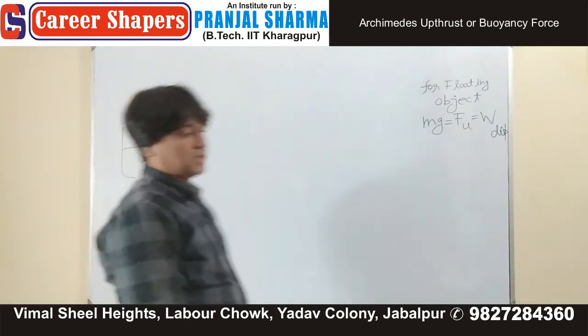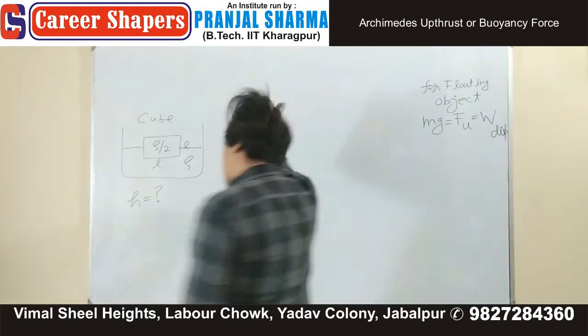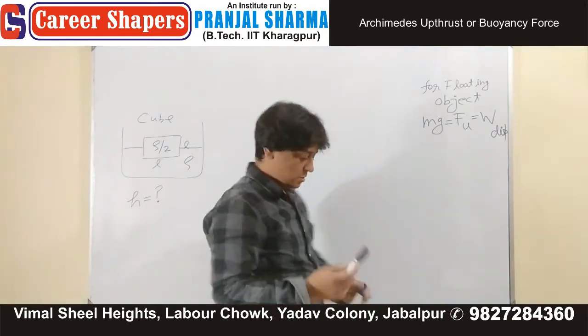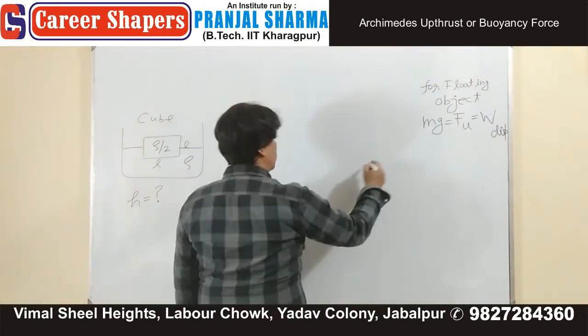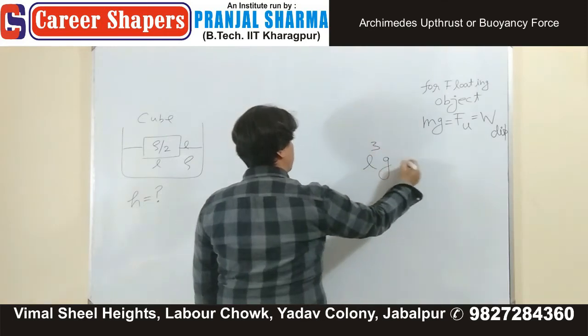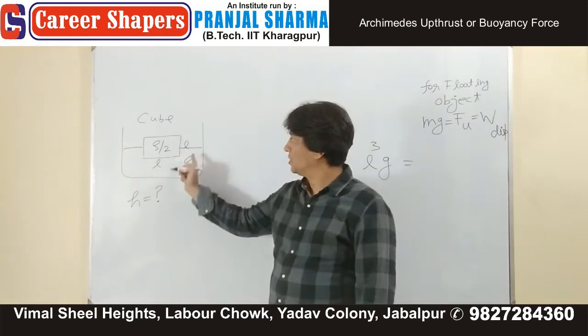So the question is, you have an object which is floating. If the object is floating, then this is the equation. What is mass? Volume times density. What is volume? L cube, into g. This is the left hand side. What is the mass of this cube?